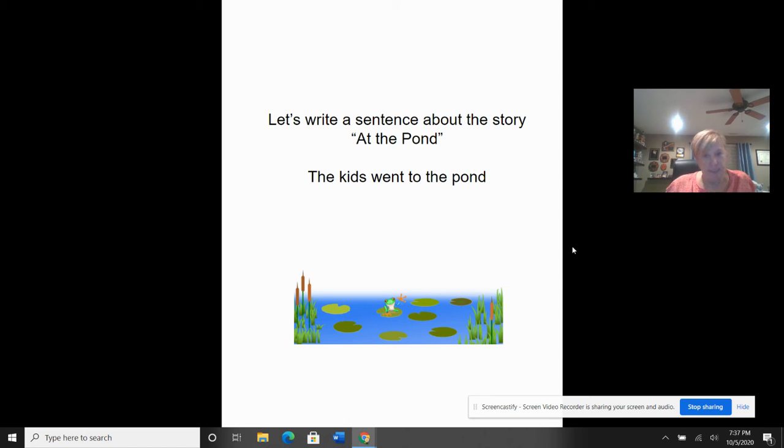Okay, so that's my sentence. Oh, I heard somebody. That's right. I need an end mark. The kids went to the pond. And I've underlined it to highlight to you about putting it there. So that's my example of writing a response to the story At the Pond.